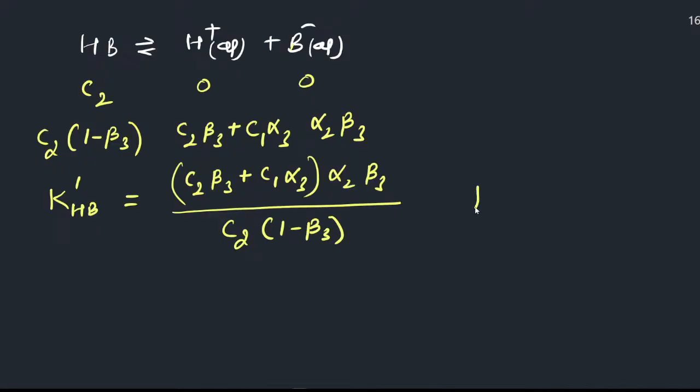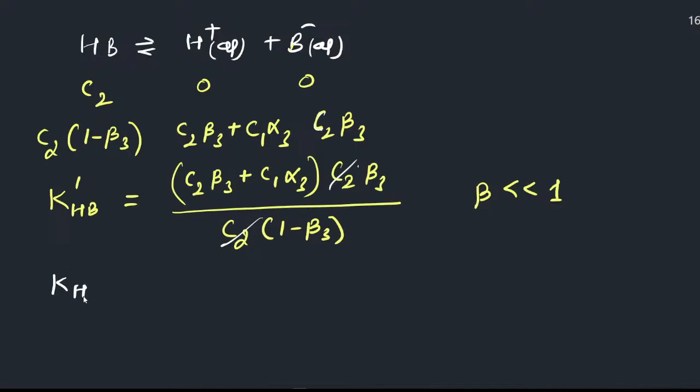(1 minus beta 3). Again beta is very, very less than 1. So C2 is cancelled by C2.